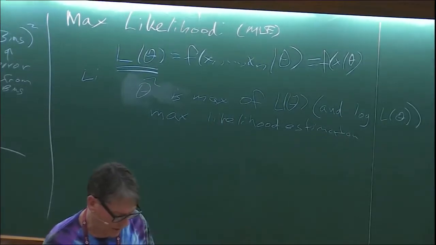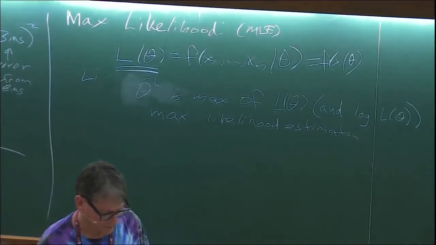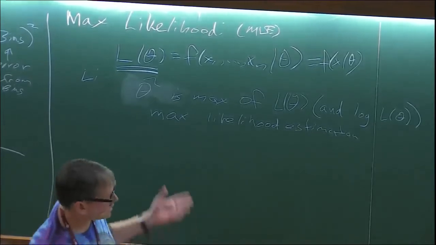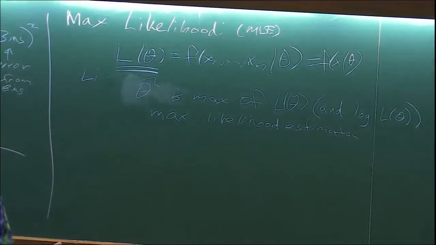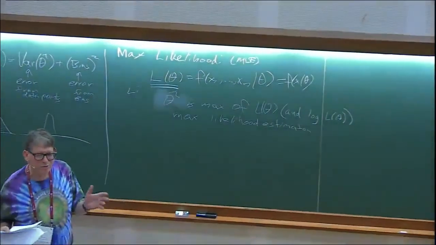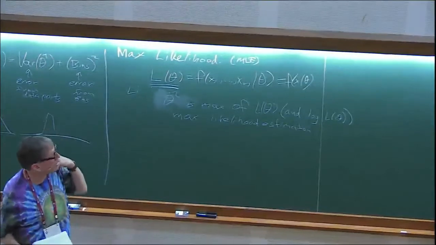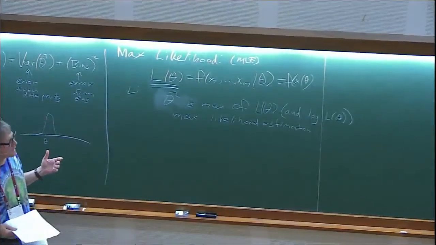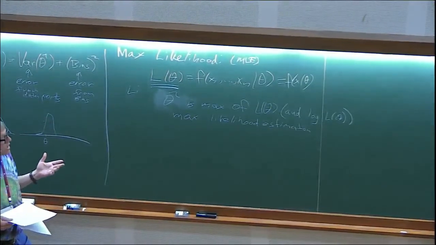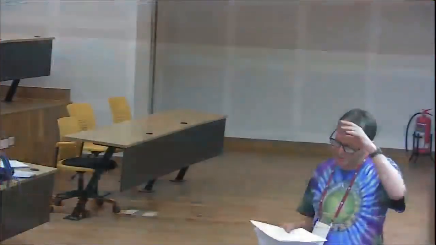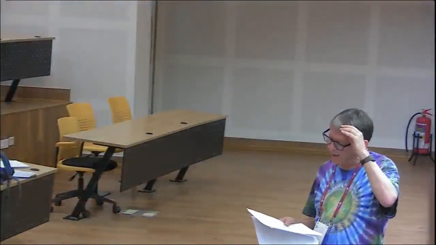Now, what does this mean? If you were a Bayesian, then essentially what you would say is this is going to be the maximization of theta given x if the prior is uniform.